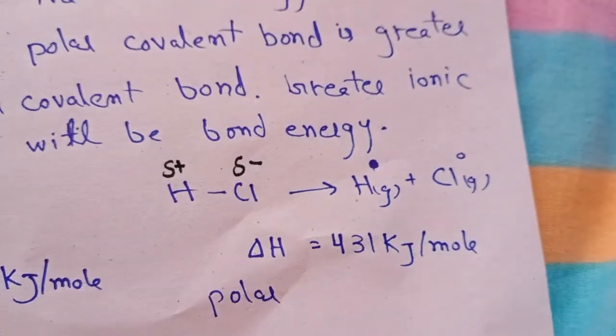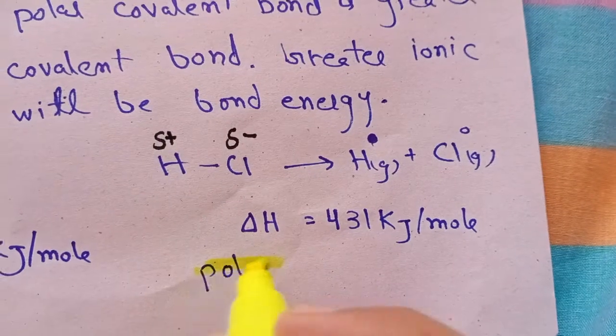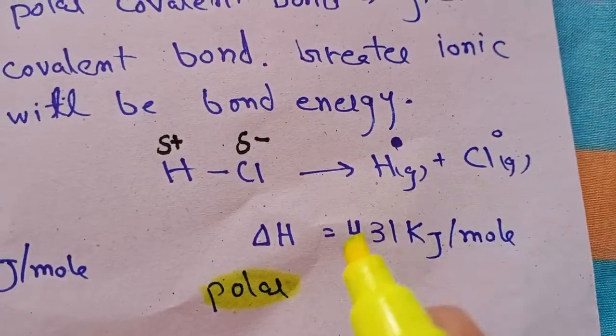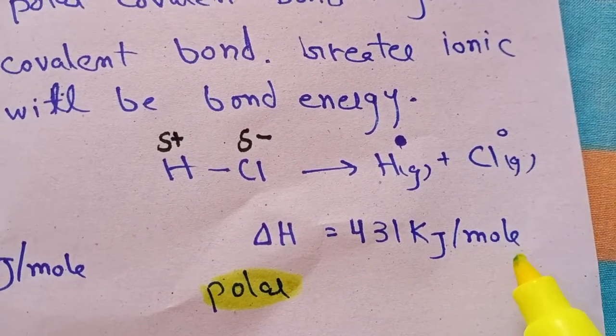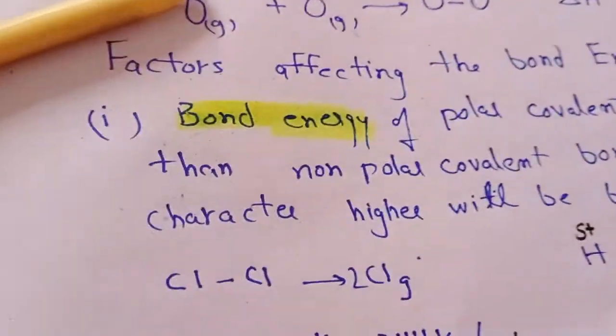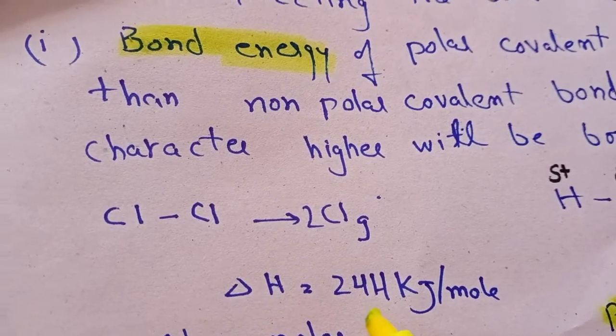When we break a polar covalent bond, we need 431 kilojoule per mole. The bond energy of a polar molecule is higher than that of a non-polar molecule.